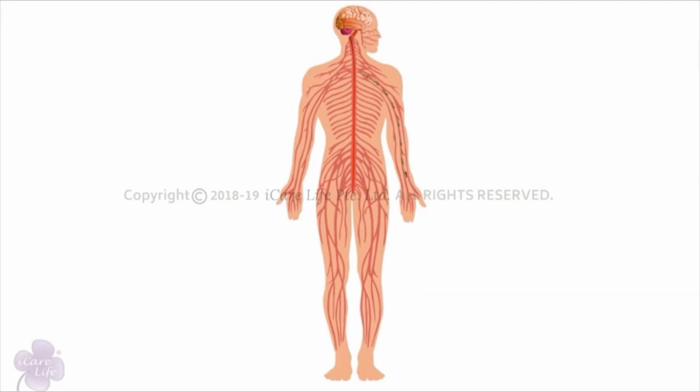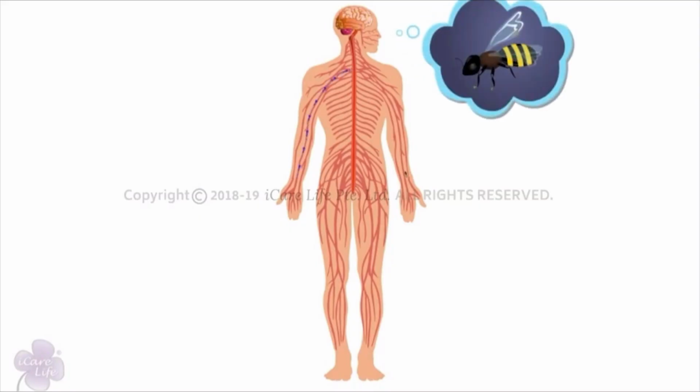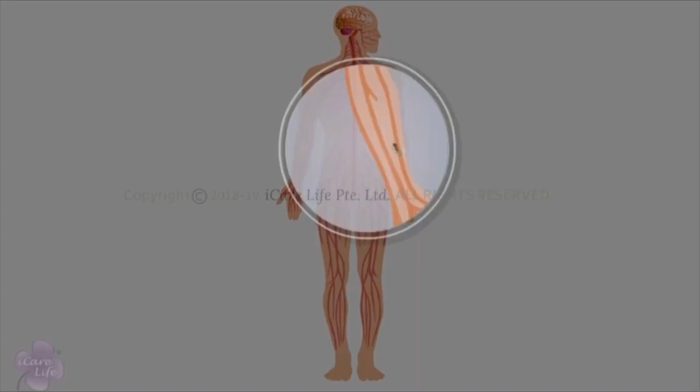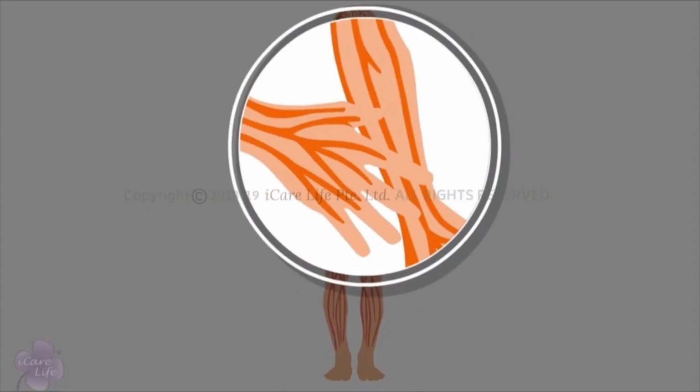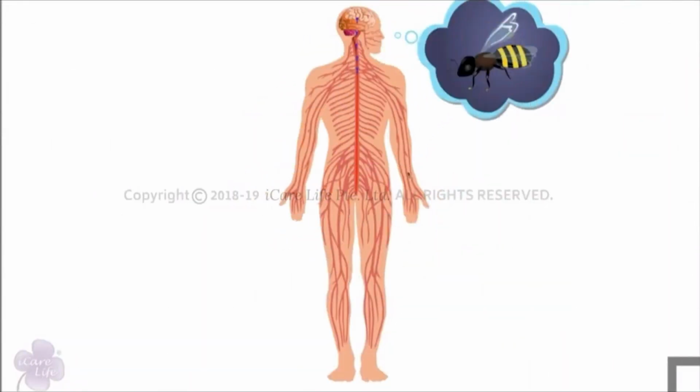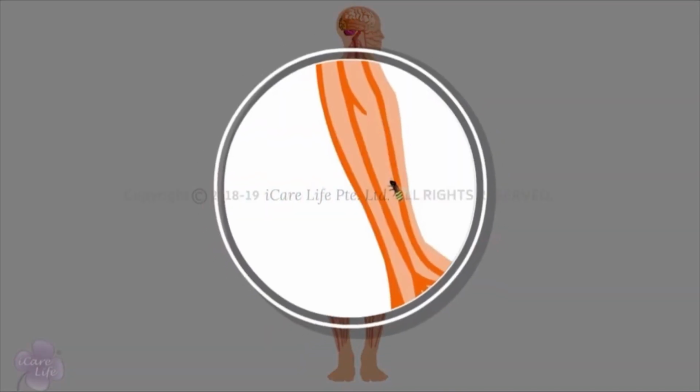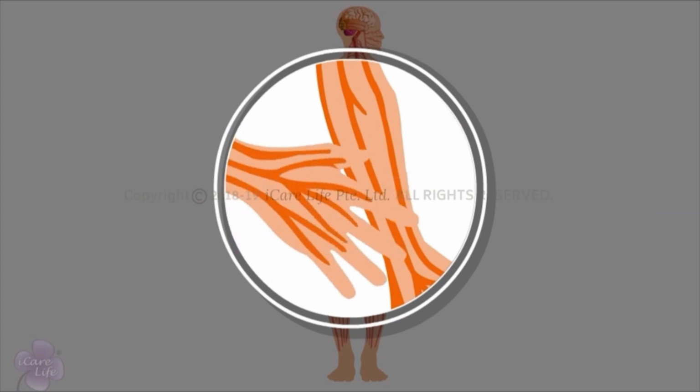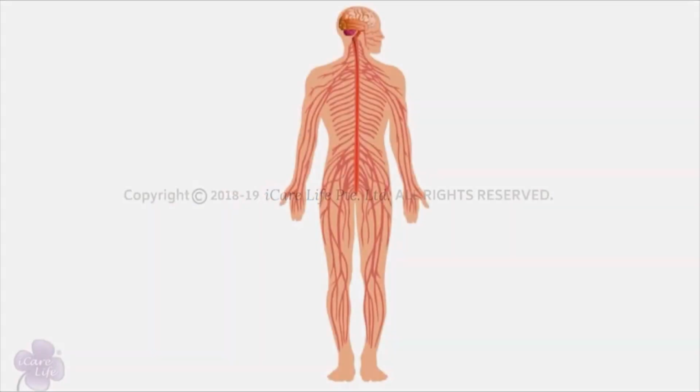This continues from one neuron to another till the message reaches the brain through the spinal cord or directly. The brain interprets the message and directs the body parts to perform actions as required. For example, when you see an insect on your hand, the brain tells the other hand to scare it away.